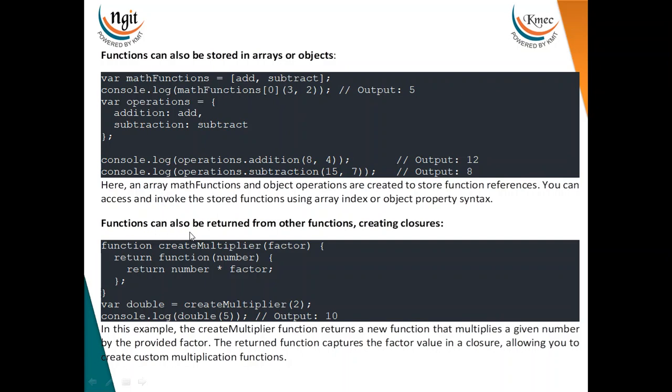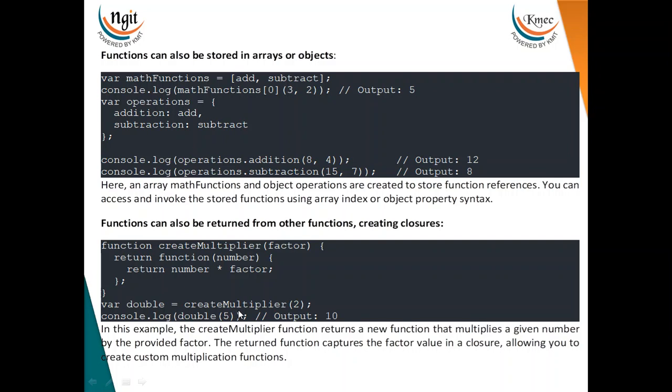Okay, and functions can also be returned from other functions, creating closures. Like if you see createMultiplier(factor), return function(number), return number times factor. So whatever number we have passed, this function will be returned, and the function will return number times factor.